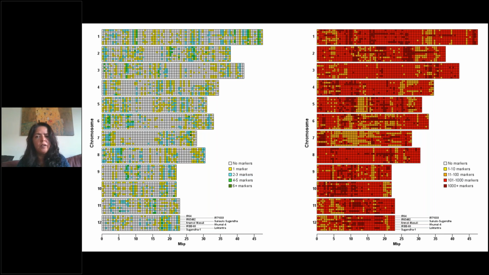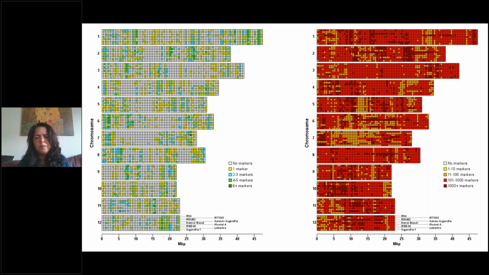But once we aligned the resequencing data from the 9 varieties in this project, we were able to increase the coverage to a point where there wasn't a single area of the genome that would not contain markers that could be converted to KASP. It was almost a 100-fold increase.